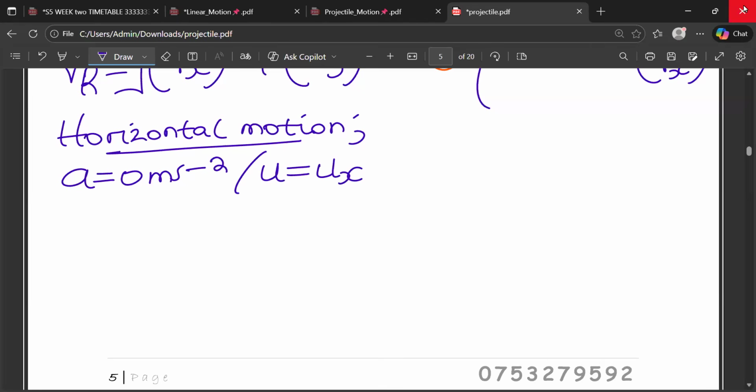You get the point? Now, if you use the very first equation of motion, because we use it so much here, we can use the second one too, but basically we concentrate on the first and second.